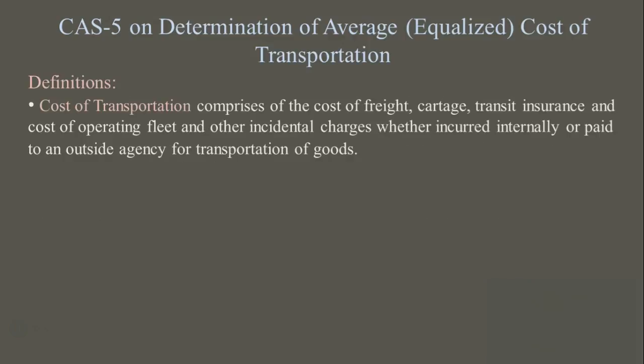So first of all, what is cost of transportation? Cost of transportation comprises cost of freight, cartage, transit insurance and cost of operating fleet and other incidental charges, whether incurred internally or paid to an outside agency for transportation of goods. So if we are paying any freight charges, freight means the charges for transferring the goods.